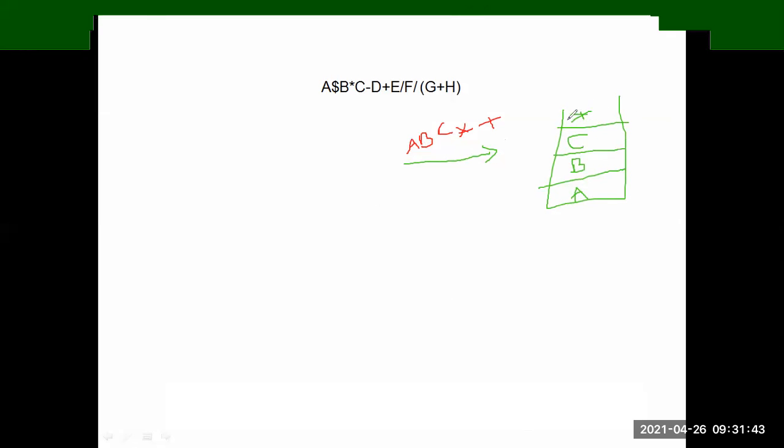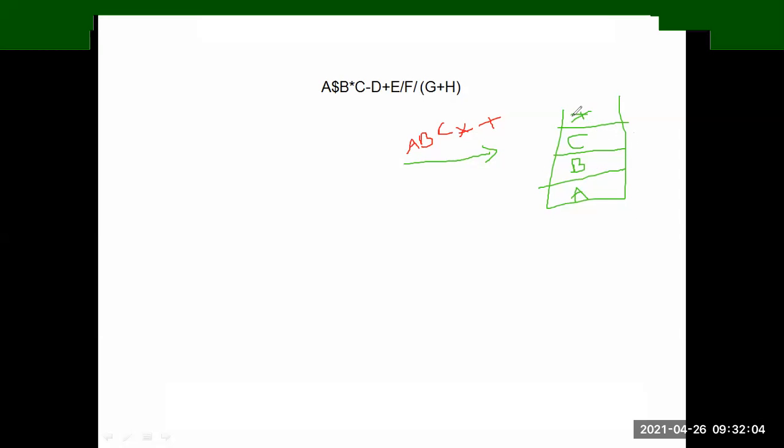Whenever there is an operator after the operands, the system will perform the operation between those two operands, then replace them and store the result into the stack.